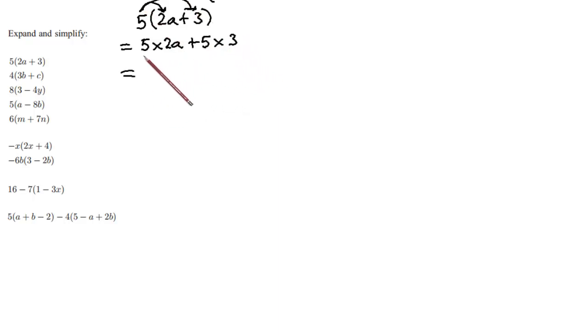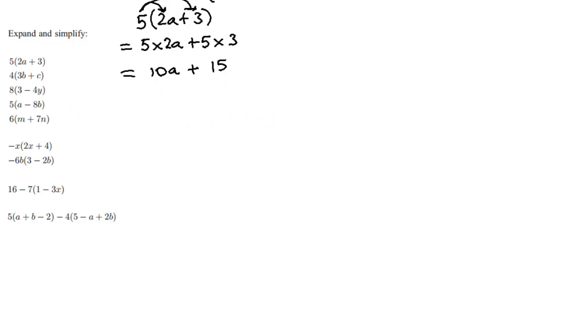So remember always first multiplication and then addition. So 5 2s is 10, 10a, 5 3s is 15, and then we add them. And 10a plus 15, since this is a and this is just a number, a constant number, we simply cannot add them. So that is the most we can do over here. So this is the final answer.